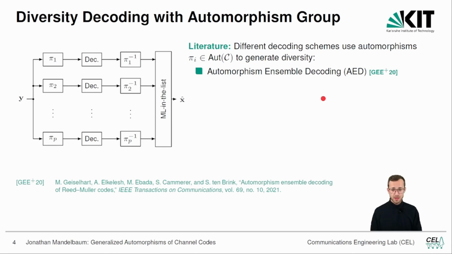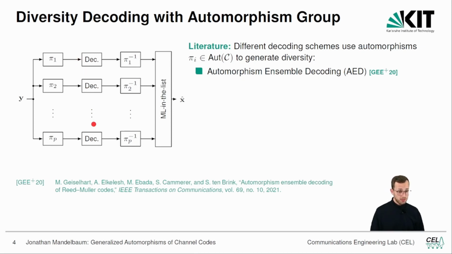Here on the left side, I depicted an automorphism ensemble decoder as introduced by Geiselhart et al. A received word y is permuted according to some sampled permutation in each of those paths, yielding a different noise representation at the input of each decoder.